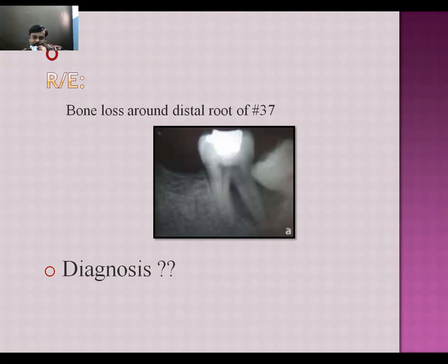So what will be your treatment plan? Scaling and then RCT. Okay. So first we extract this tooth, do a root canal treatment, followed by periodontal surgical therapy.